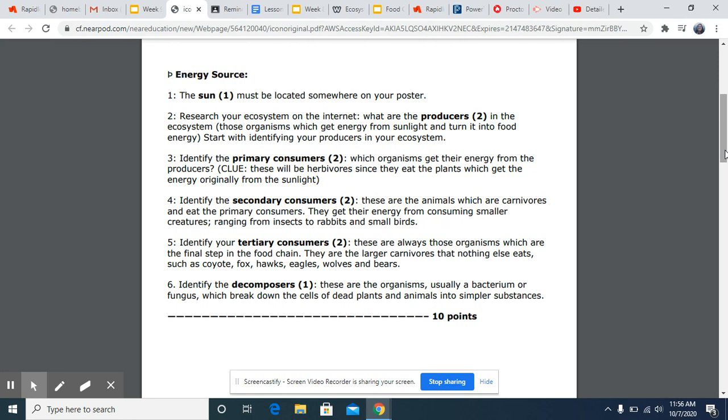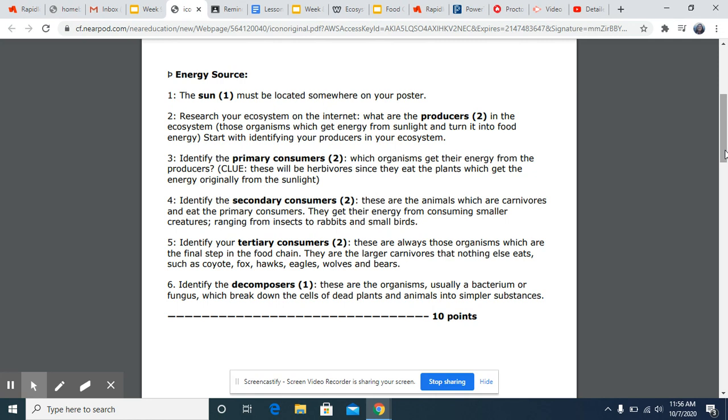And then your tertiary consumer would be something really big, like on the top of the food chain. Think of vicious, large animals like coyotes, foxes, hawks, eagles, wolves, and bears. So these are going to be your tertiary consumers.